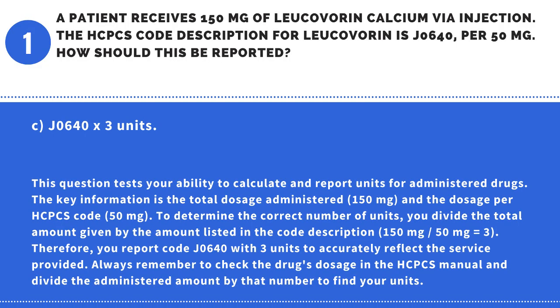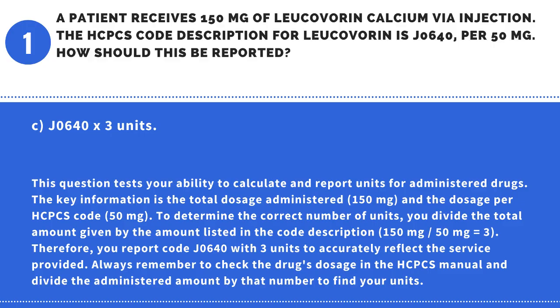Answer: C. J0640 x 3 units. This question tests your ability to calculate and report units for administered drugs. The key information is the total dosage administered, 150 milligrams, and the dosage per HCPCS code, 50 milligrams.